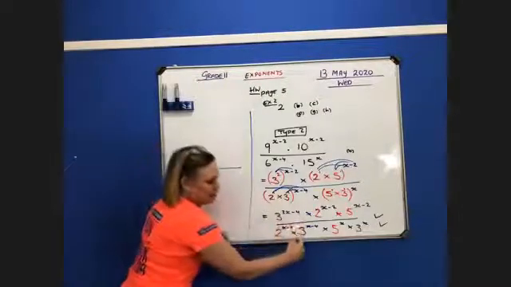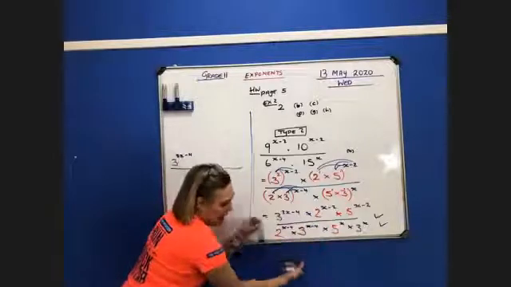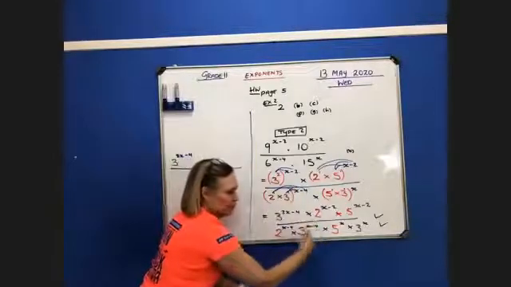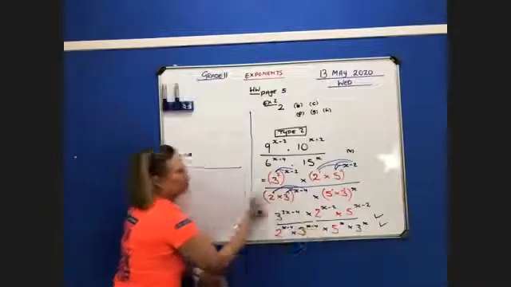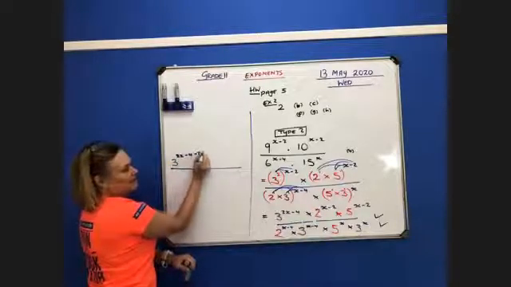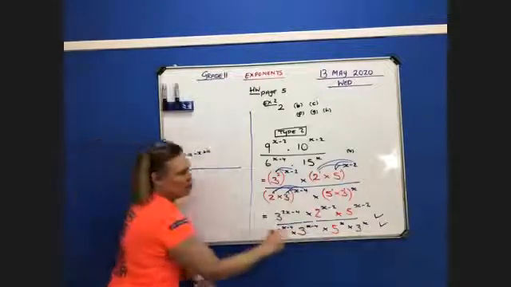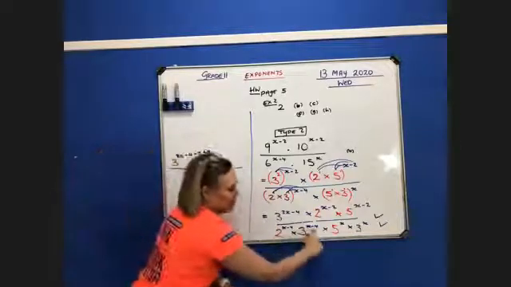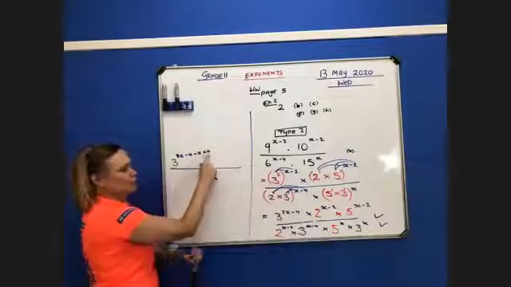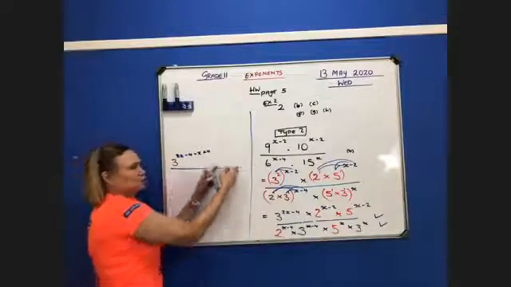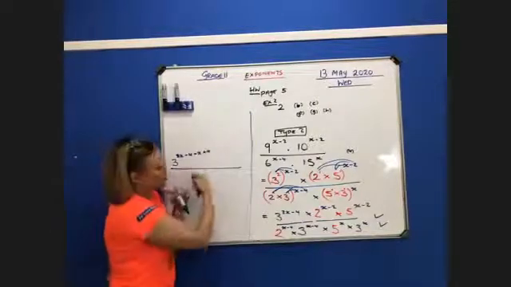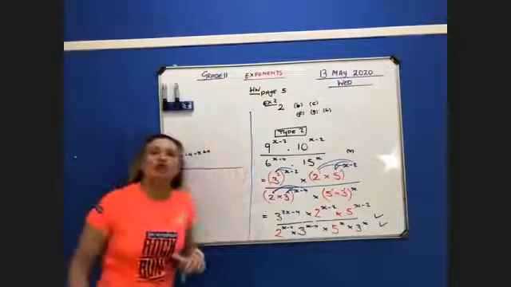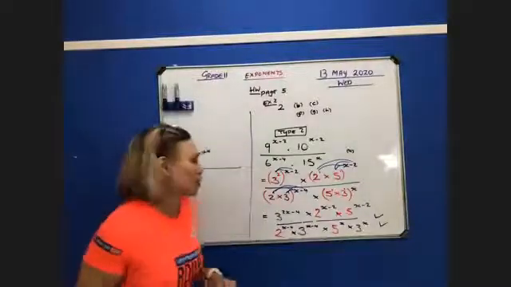Now, if you're bringing this up, then you reverse the signs of the terms. So this is going to be minus x plus 4. That x becomes minus x, that minus 4 becomes plus 4, because I'm bringing it from the bottom to the top. So if you jump the line, you change the sign of the exponents.